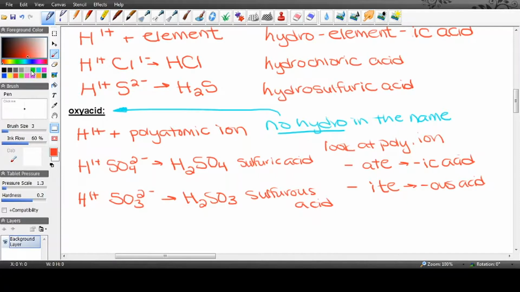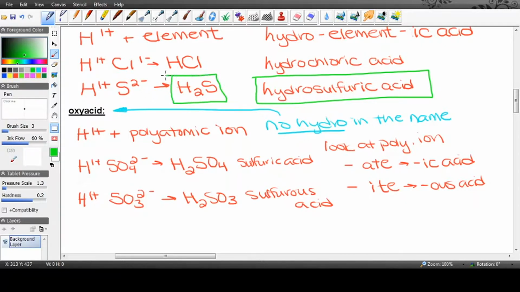And I picked these 3 examples for a reason because I wanted to highlight for you hydrosulfuric acid is H2S, hydrogen and sulfur. Sulfuric acid sounds very similar, same ending, but no hydro.